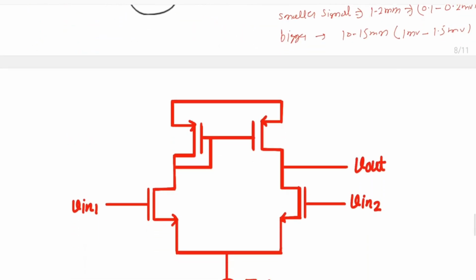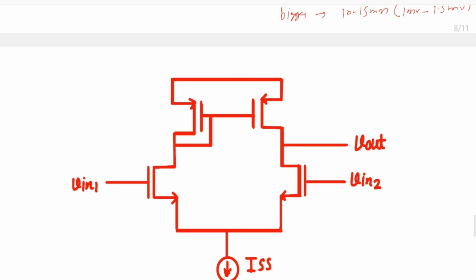So we can take as a differential input signal the maximum range, 1 millivolt to 1.5 millivolt. For understanding purposes, suppose I'm taking a maximum range of 20 millivolt. This kind of range we can think of as a differential signal applied to any op amp.